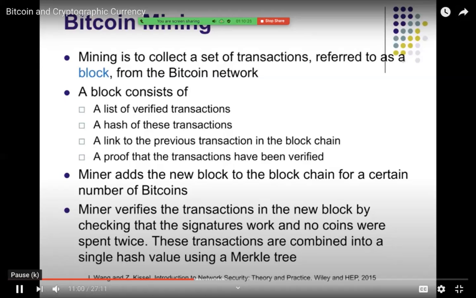from the Bitcoin network, and this set of transactions is referred to as a block. So you are presented with the current image of the Bitcoin network, because it is a blockchain of transactions.